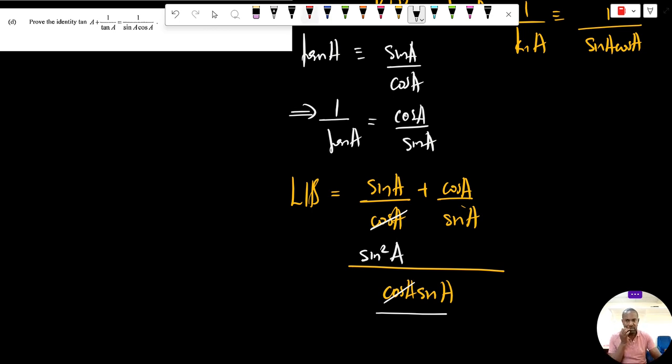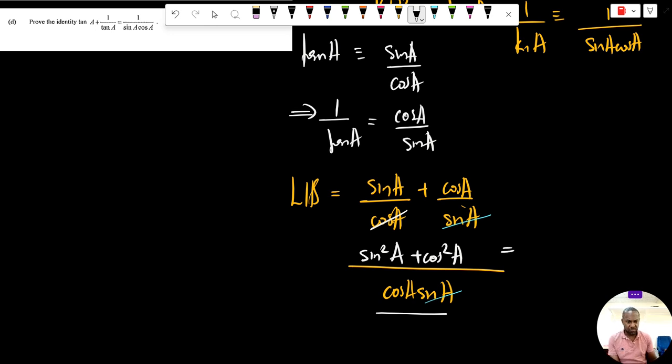Now, similarly, over next side now, we basically would say that sine A into sine A cos A, the sine A's will cancel, leaving cos A, and therefore cos A times cos A gives us cos squared A. So we end up with sine squared A plus cos squared A all over cos A sine A.